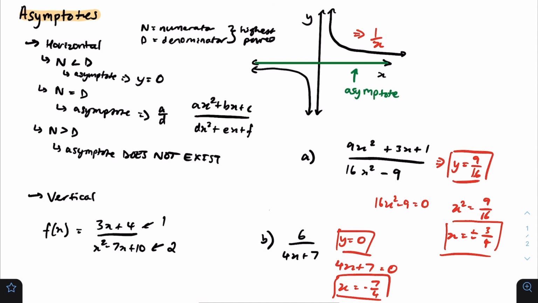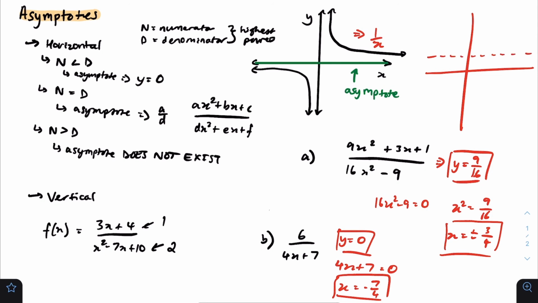So actually, sometimes you might be asked to graph these things. You can use the GDC, but it's also a good idea just to know how these things come about. So, for example, if you know that y equals 9/16 is an asymptote, then let's just draw a coordinate plane down over here. Then you know this line's an asymptote.